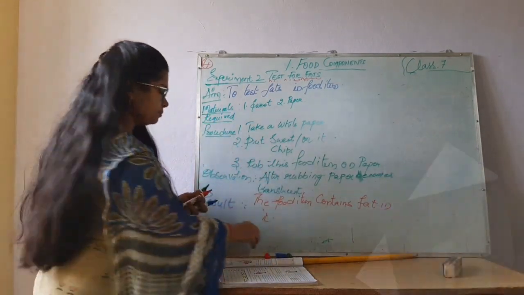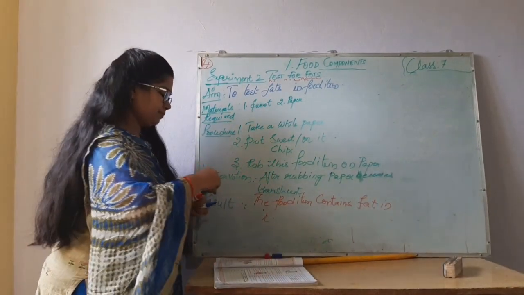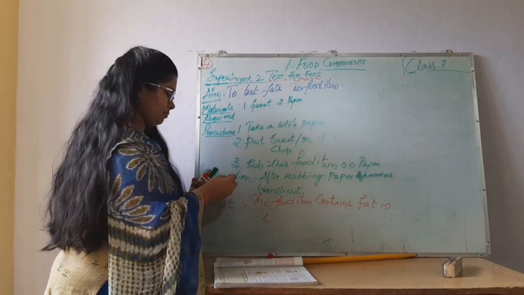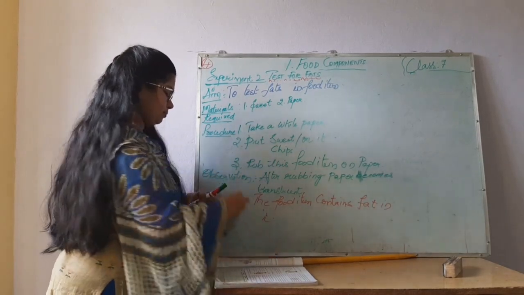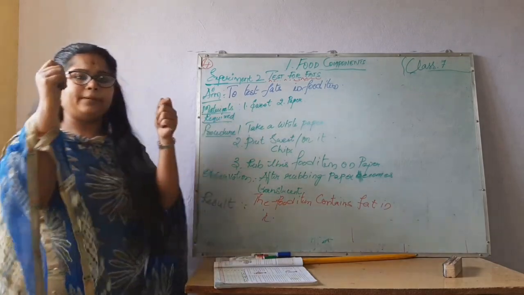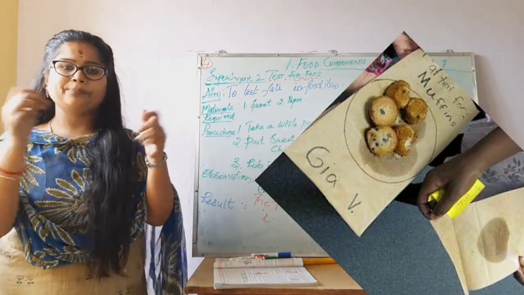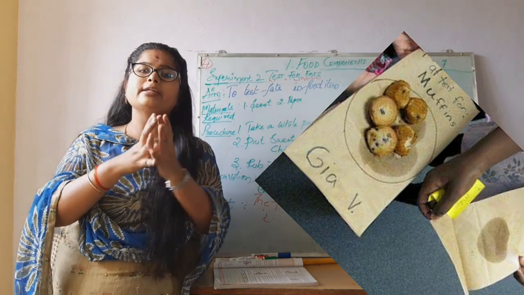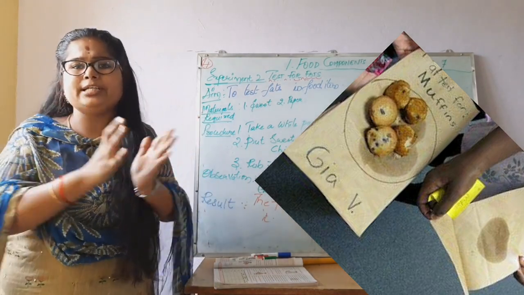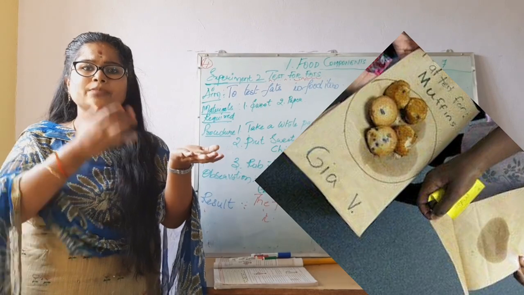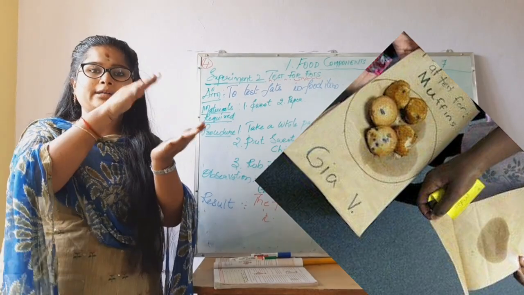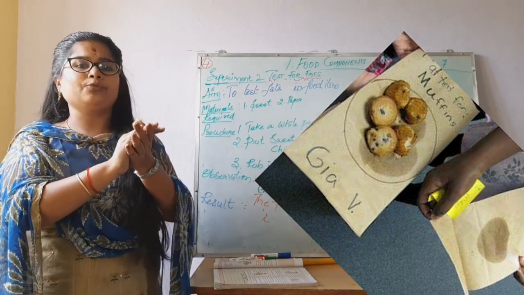So, a normal paper is not transparent. To test whether a food item contains fat or not is very easy. Take one paper and rub on it the food item you want to test.